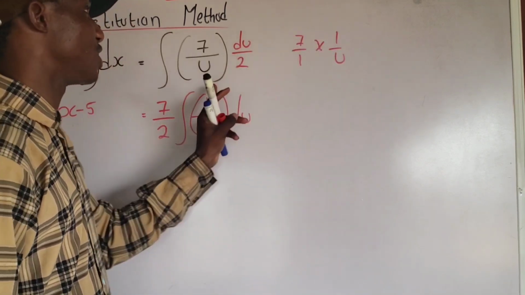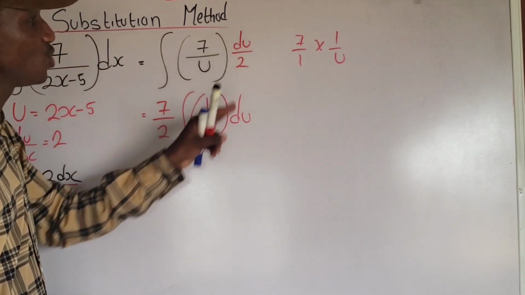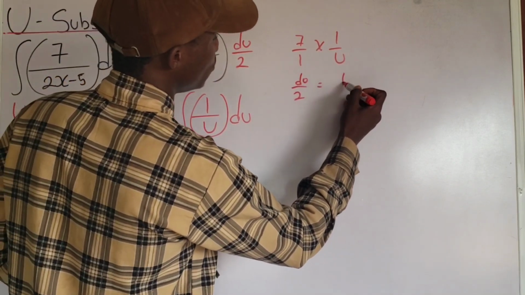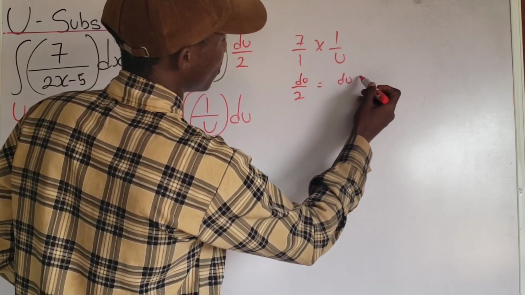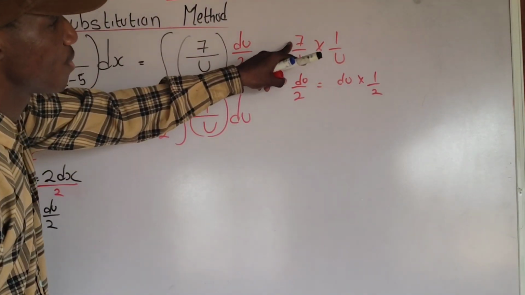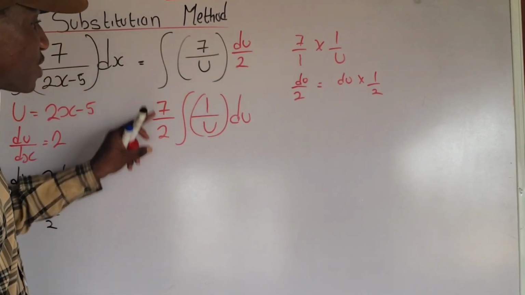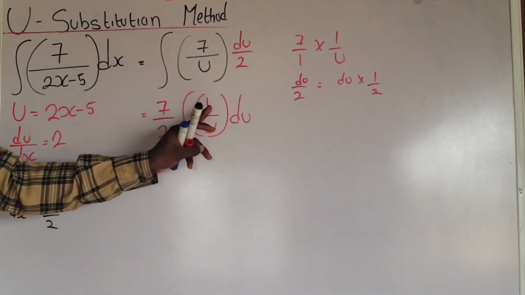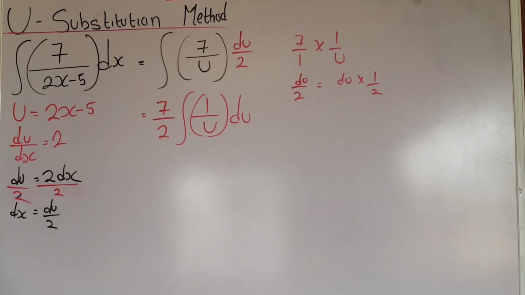Hence, I'm going to have 7 over u. But now we have du over 2. The du all over 2 can be written as du multiplied by 1 over 2. So what I did was that I multiplied this 7 over 1 and this 1 over 2. So I have 7 over 2 and I placed it behind the integral sign so as to enable me to integrate 1 over u. Do you understand?